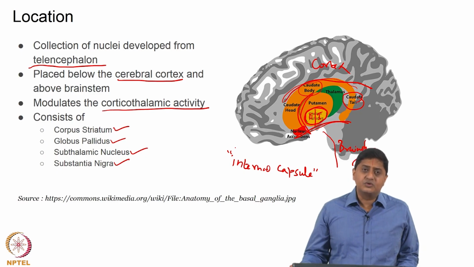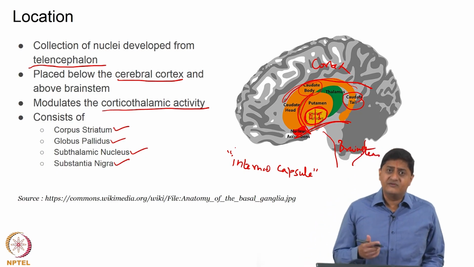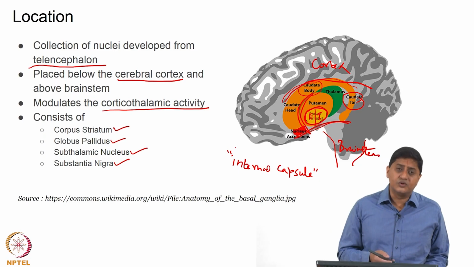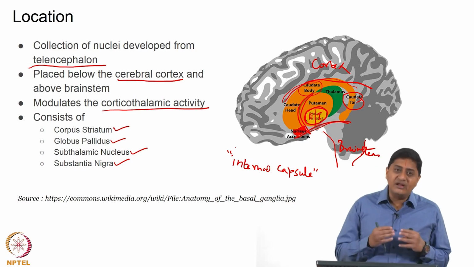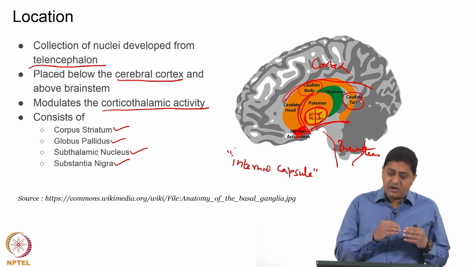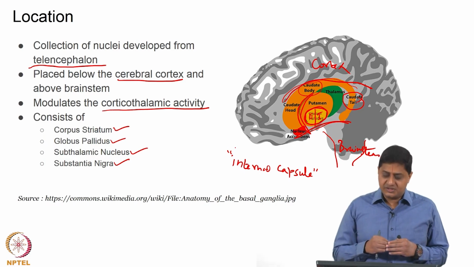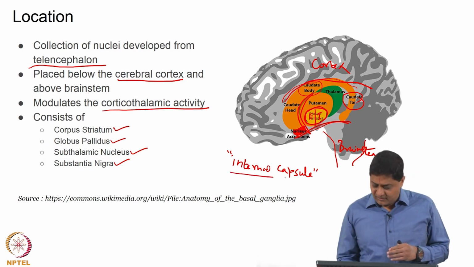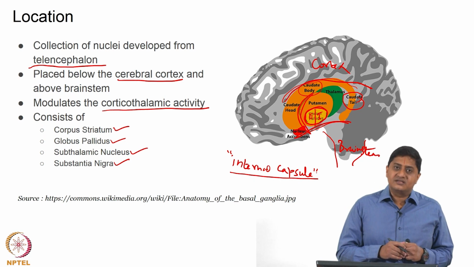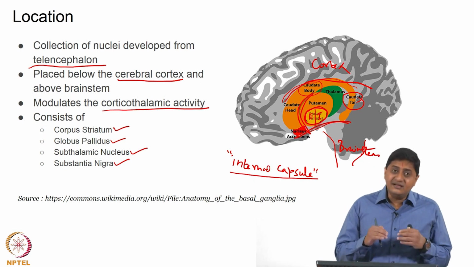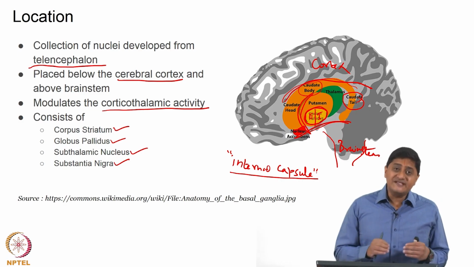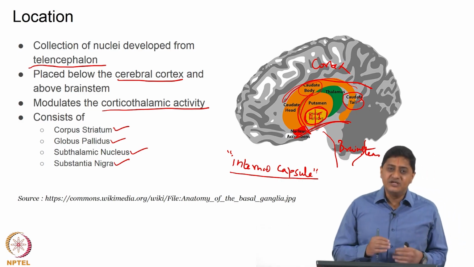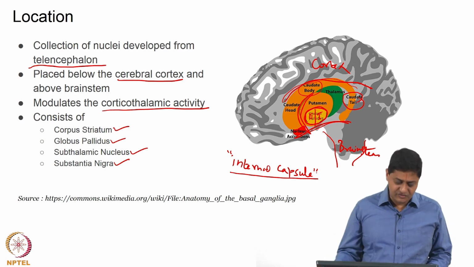White matter means groups of axons. Whenever you say grey matter, you are referring to neuronal cell bodies, and when you say white matter, you are referring to neuronal axons. So, bundles of axons go from cortex to lower structures. A very big bundle is called the internal capsule. This internal capsule separates caudate from putamen. Otherwise, caudate and putamen perform similar functions. We will discuss the functions in future classes.